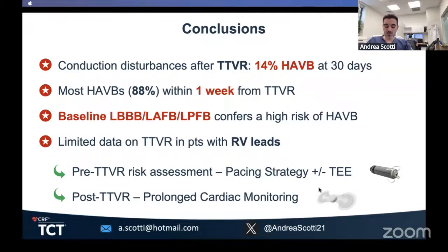If we see any change in the EKG during the procedure, if we know that they are at high risk of high-grade AV block or left bundle, and if on telemetry after the first night in the hospital we see any change in their electrical activity, then we hold the beta blocker. Otherwise, if we have no conduction disturbances, we have no reason to stop them. So this is not what we are doing.